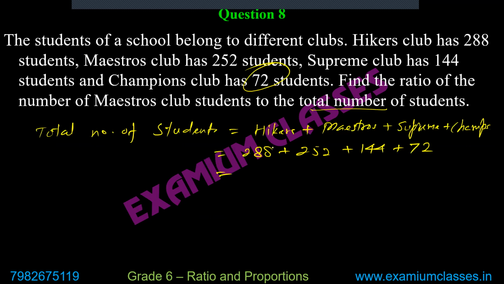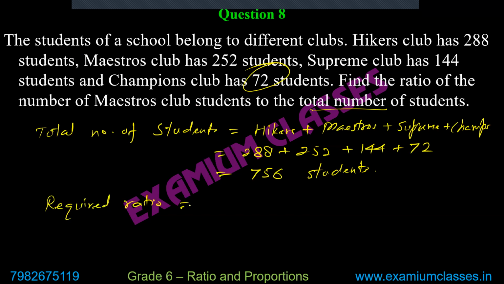When we add these, 8 plus 2, 10, and 6, 16, 1, 9 plus 5, 14, plus 4, 18, plus 7, 25, and so on. We get 756 students total. Now you can calculate the required ratio.